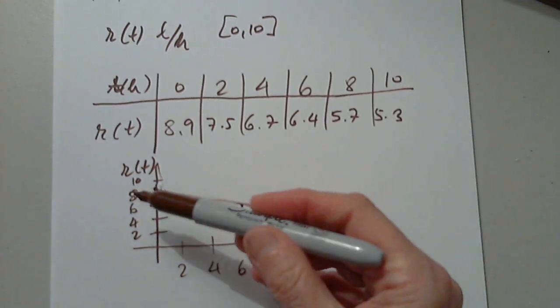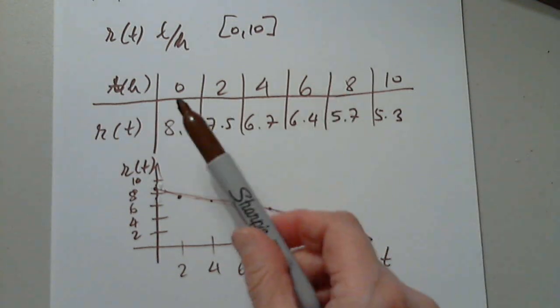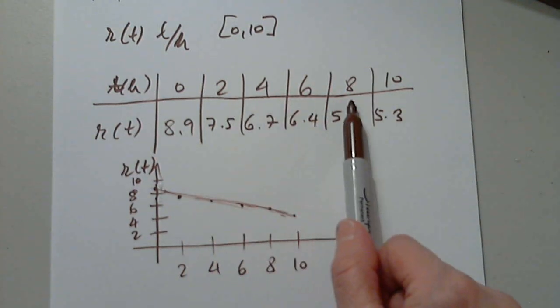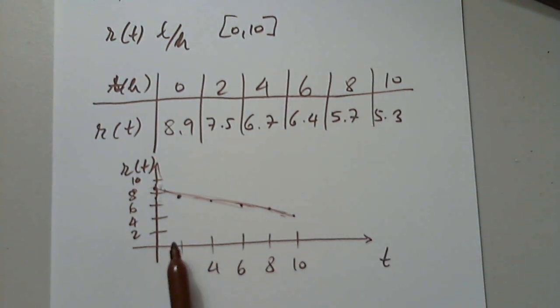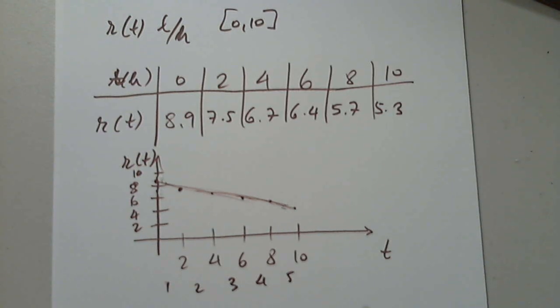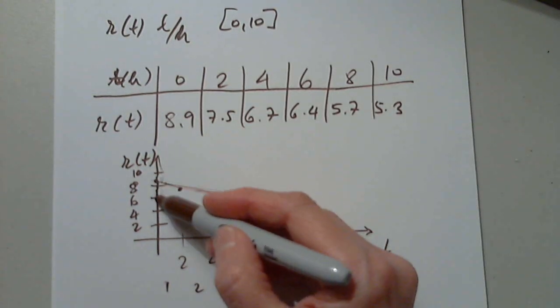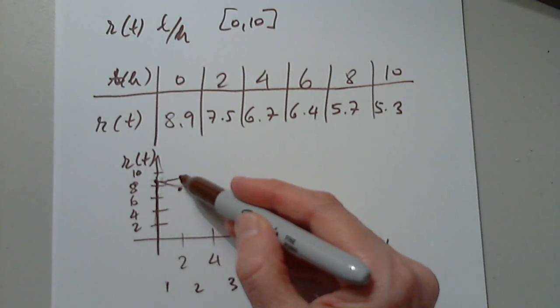Now, because it's a decreasing function, as you see, we have 1, 2, 3, 4, 5, 6. 1, 2, 3, 4, 5. So from 0 to 2 is the first interval. So number 1, number 2, number 3, number 4, number 5. 5 subintervals. Because it's a decreasing function, the leftmost point will be an overestimate.